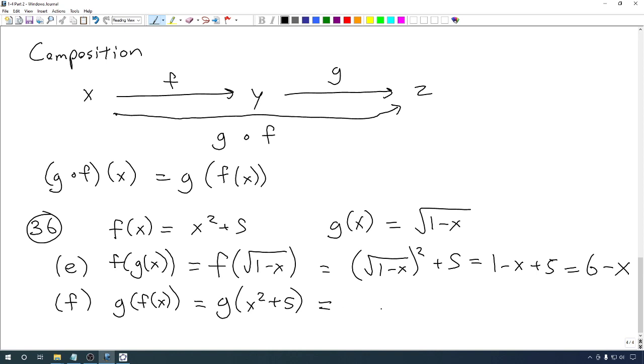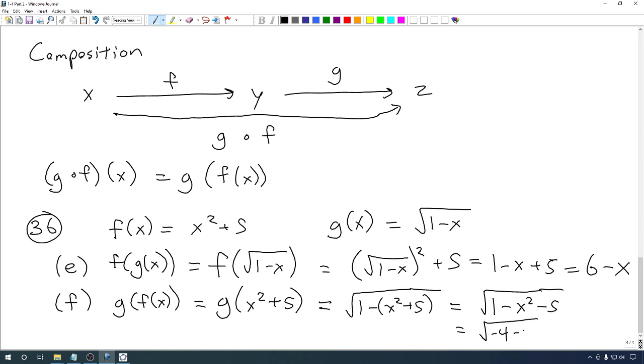But also keep in mind, we're replacing that entire x, so this negative that's being applied to that x has to apply to the entire x squared plus 5. We can go ahead and distribute that negative if we want to. So we have the square root of 1 minus x squared minus 5. And then we can combine the 1 and the 5 to get a negative 4. We have the square root of negative 4 minus x squared.